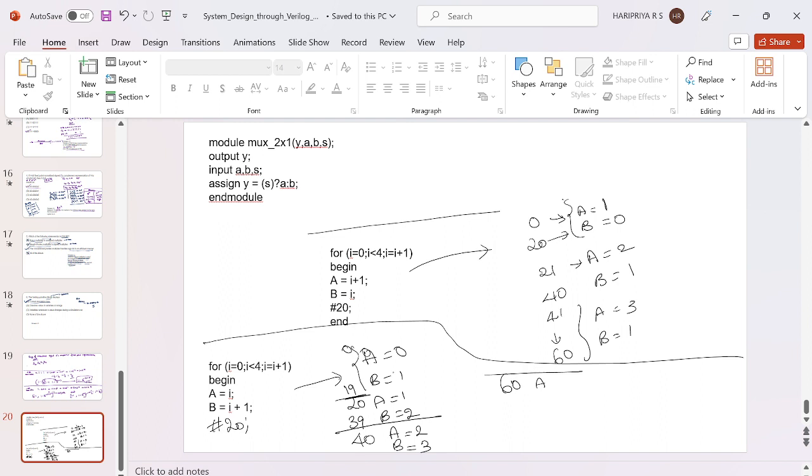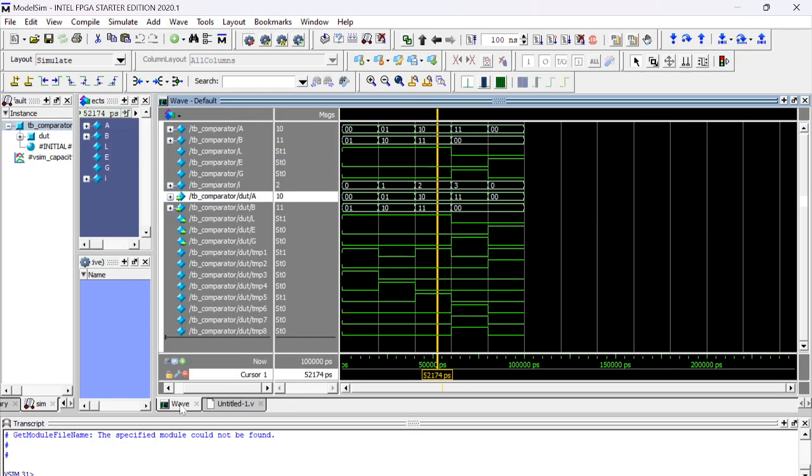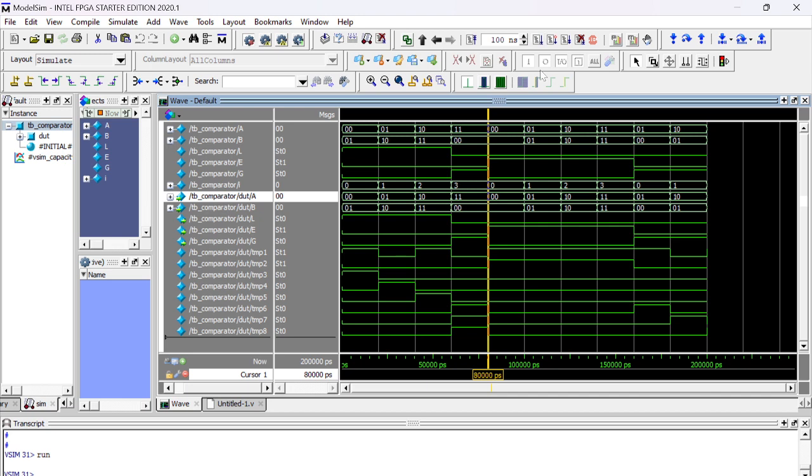So it will be A equal to 3, B equal to 4. Then after that loop will be reset to 0. So again it will be from 0, and now 1 1 2 2 3 3.